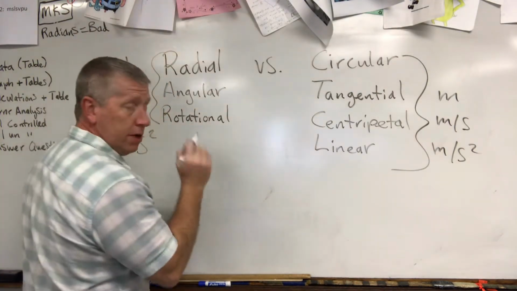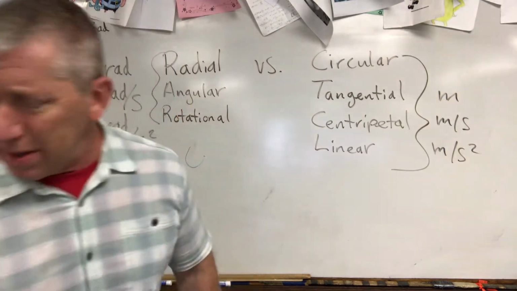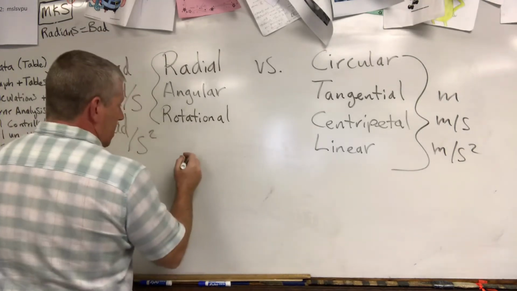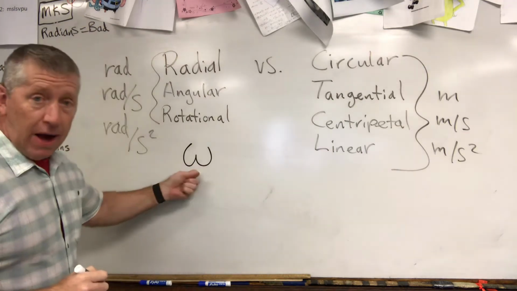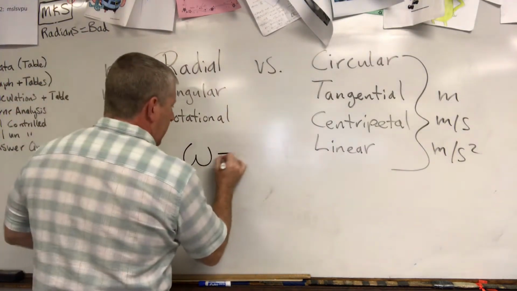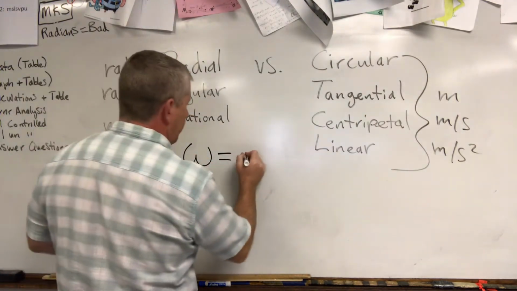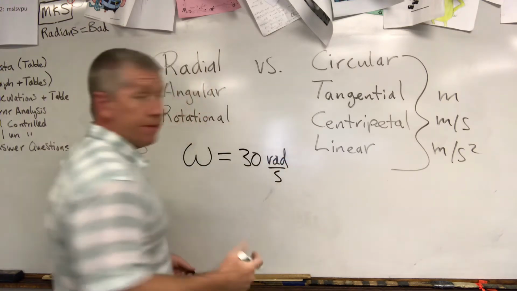Now let's try this one. We have an angular velocity, omega, and that angular velocity ends up being 30 radians per second.